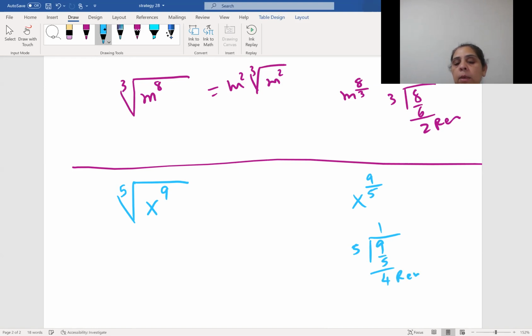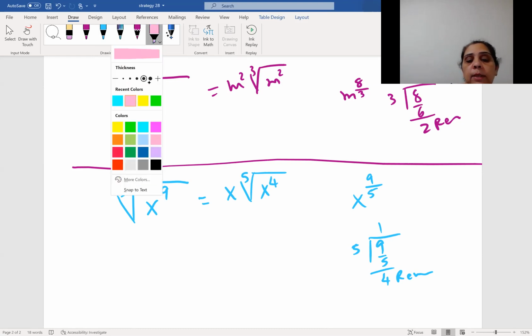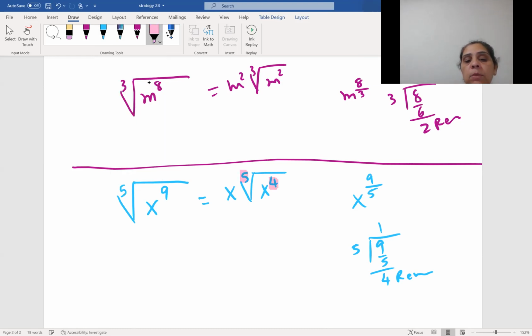That is the remainder. So x to the 1 power goes out. Only x, you can write down 5 times 1 power, right? So that goes out. And what is the inside power? 4. Always you can check, this power must be lower than the index. So after that, you cannot simplify anymore.